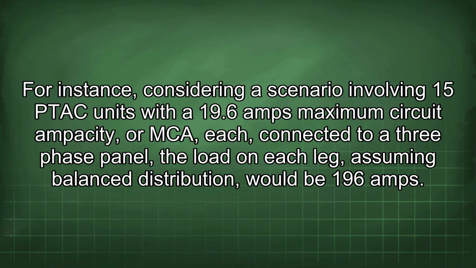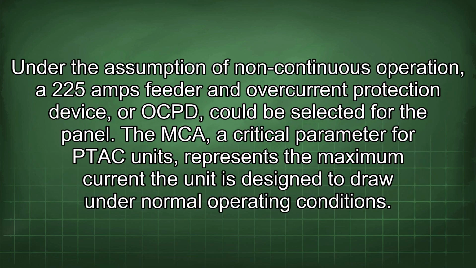For instance, considering a scenario involving 15 TAC units with a 19.6 amps maximum circuit ampacity, or MCA, each connected to a three-phase panel, the load on each leg, assuming balanced distribution, would be 196 amps. Under the assumption of non-continuous operation, a 225 amps feeder and overcurrent protection device, or OCPD, could be selected for the panel.